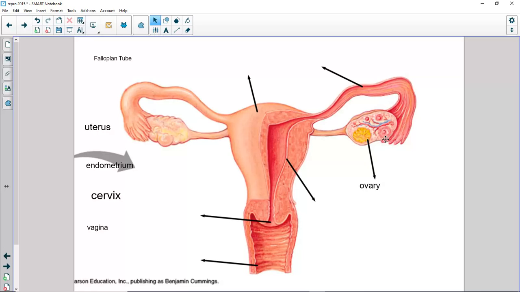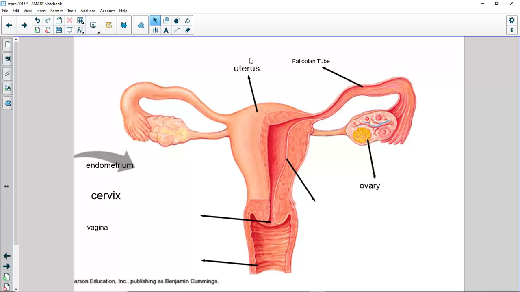All right. The egg is pulled by the fimbriae here into the fallopian tube. Fallopian tube is also called an oviduct. You can use that term, oviduct. All right, fallopian tube, which is attached to the uterus.